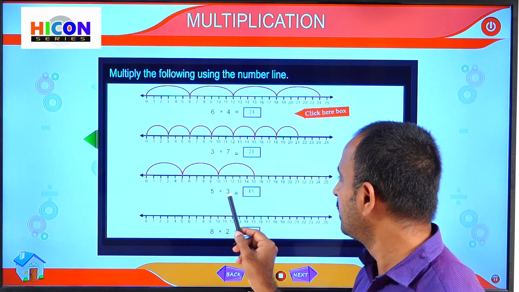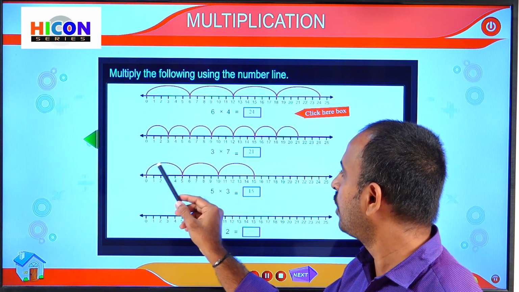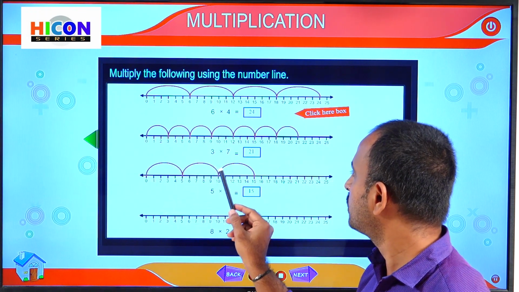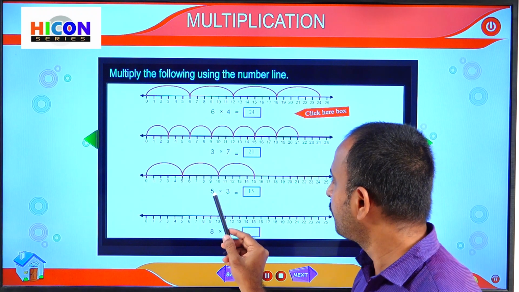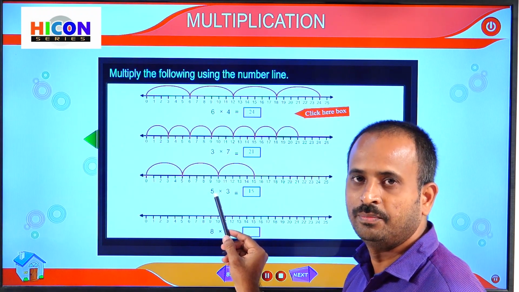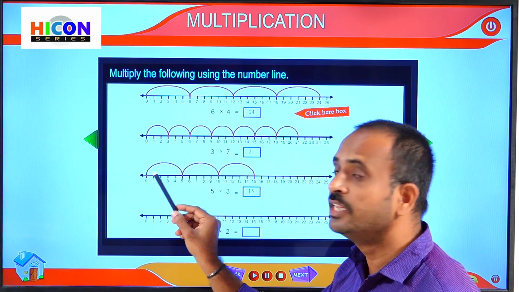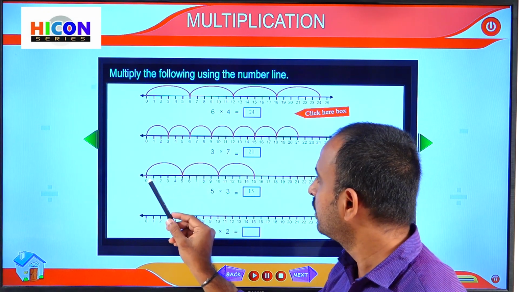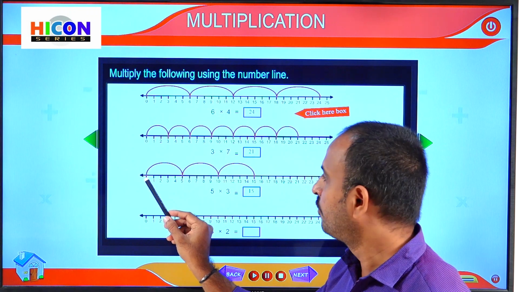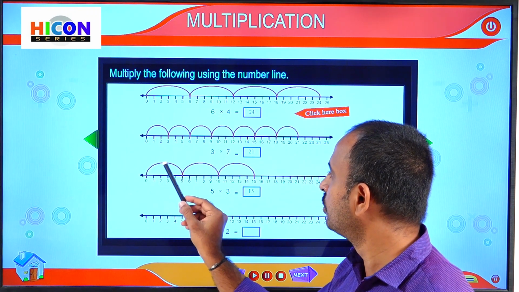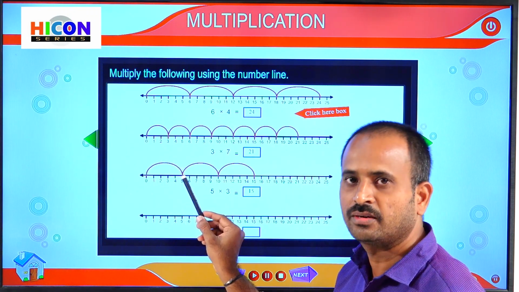So here the second number is 3. That's why we have to move 3 steps on the number line. And what is the first number here? 5. That means we have to cross 5 numbers in each step. So here cross 5 steps from 0, that is 0 to 5. It is step 1.